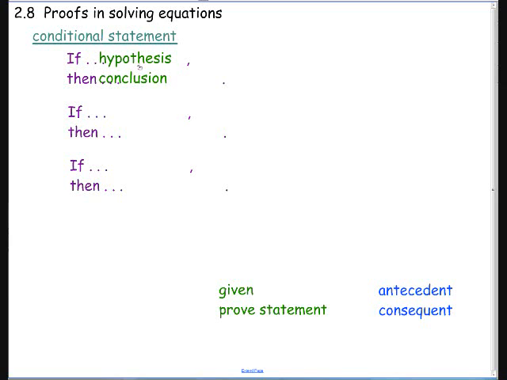This if can be referred to as the hypothesis, and the then is what is going to happen, the conclusion. So the hypothesis and the conclusion here. We can also think of it as the given, what's given, I didn't study, and then the thing that I need to prove, that I fail.